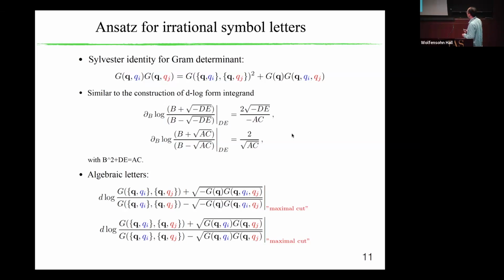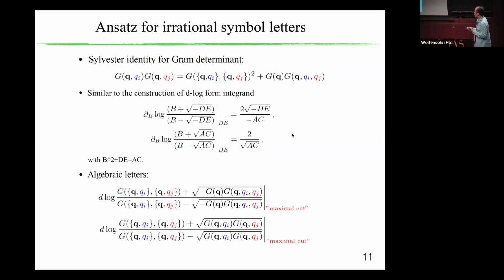The Sylvester identities are related to different Gram determinants. Once we relate this relation to some singularities, we can get different relations from different rational letters. Because this identity is a quadratic polynomial in the Gram determinants, similar to the construction of the log form, we can construct these two kinds of log forms.